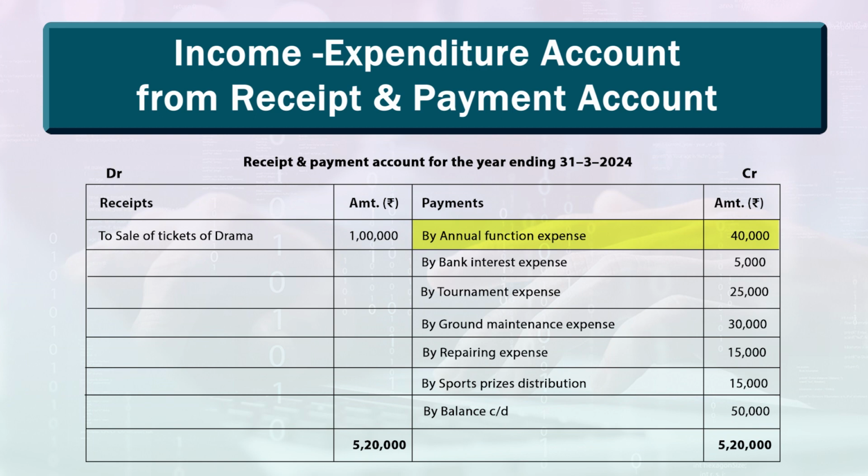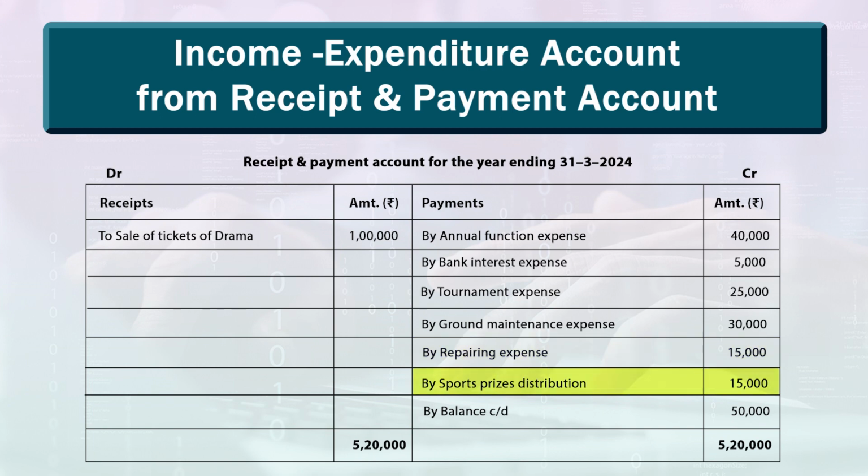Annual function expense is rupees 40,000. Bank interest expense is rupees 5,000. The tournament expense is rupees 25,000. The ground maintenance expense is rupees 30,000. The repairing expense is rupees 15,000.